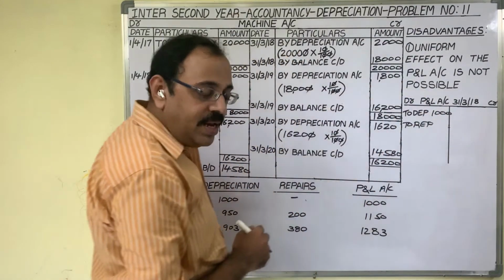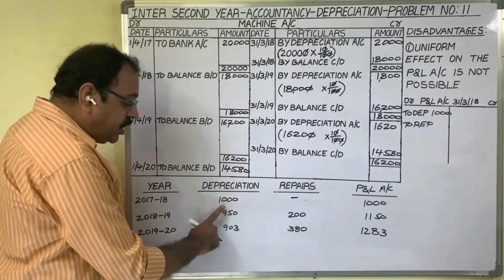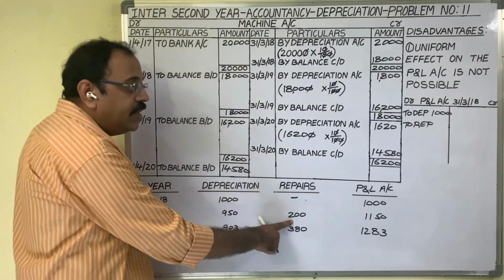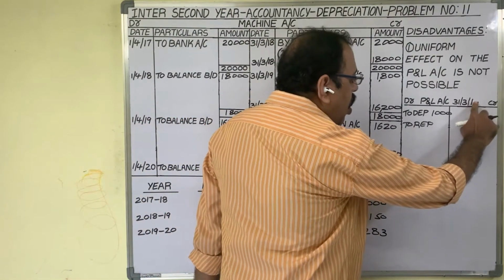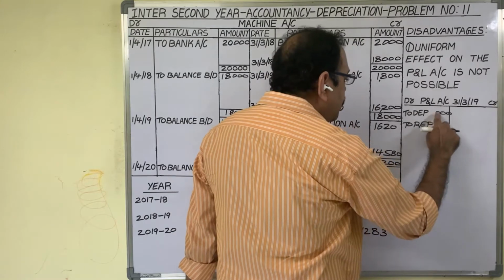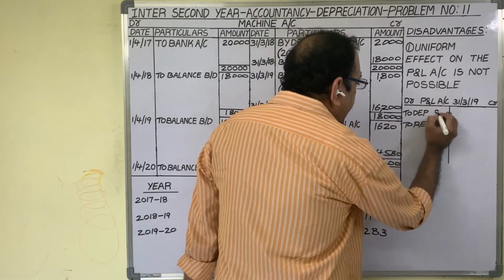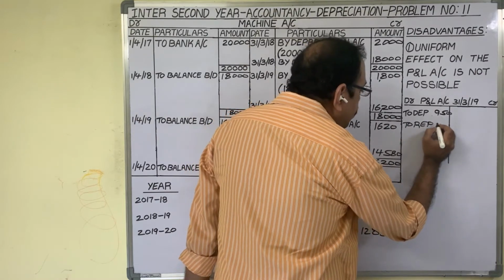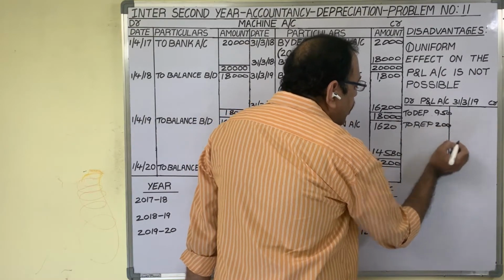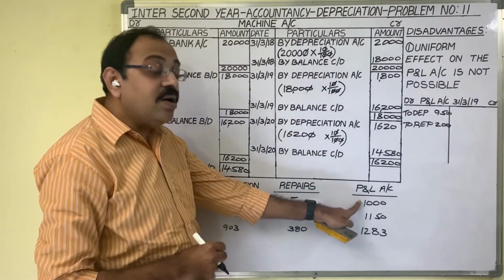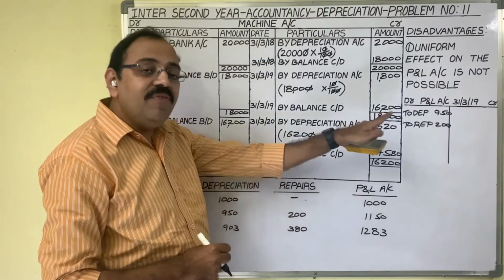Come to second year. In second year, on 31st March 2019, depreciation amount is 950 and repair expenditure is 200. Then how much amount are you debiting to P&L account? Not 1000, 1150 we are debiting.